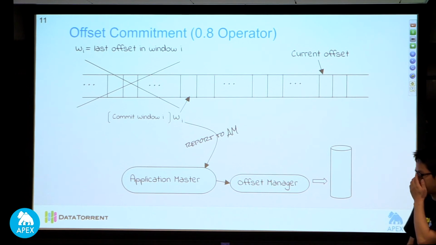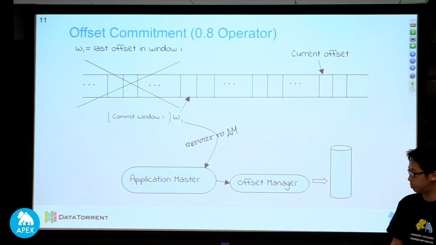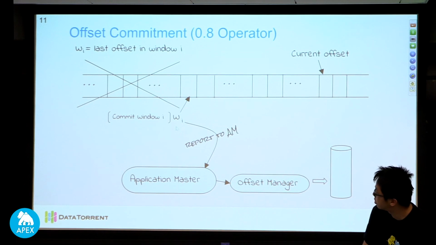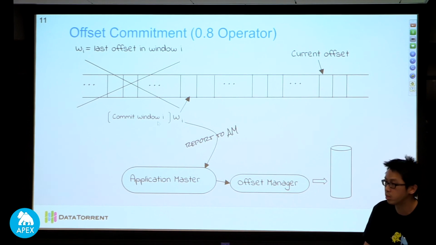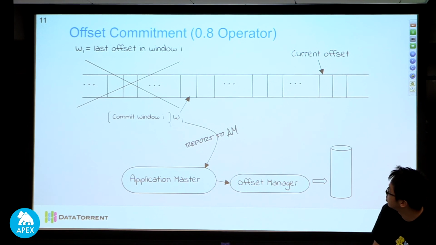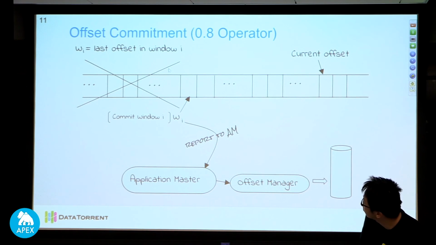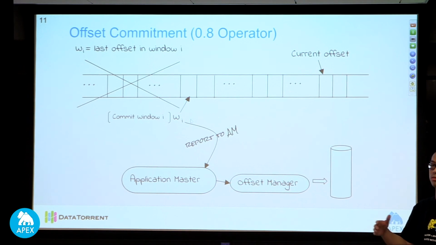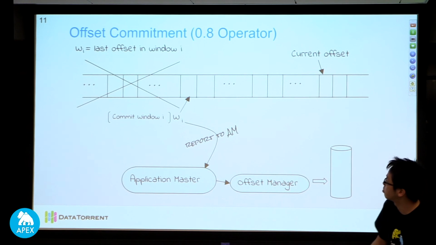When the commit window happens, it means the Apex application master is telling each operator that all the operators in that DAG have done processing data before window I. So when the operator gets that callback, first of all, it can safely discard all the history data before window I, because the operator will never go back before window I. You don't need that history information, since the whole DAG has already finished processing those data.